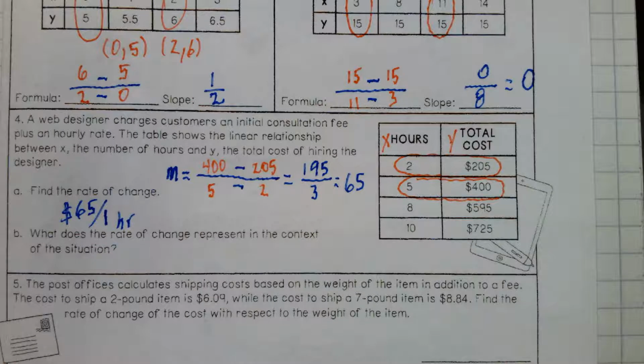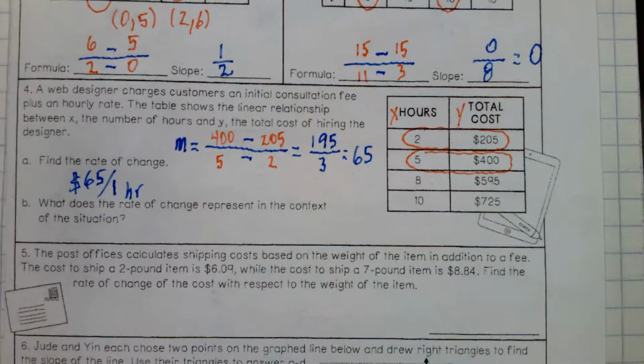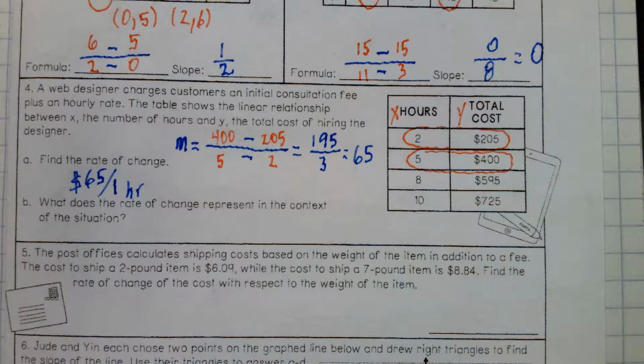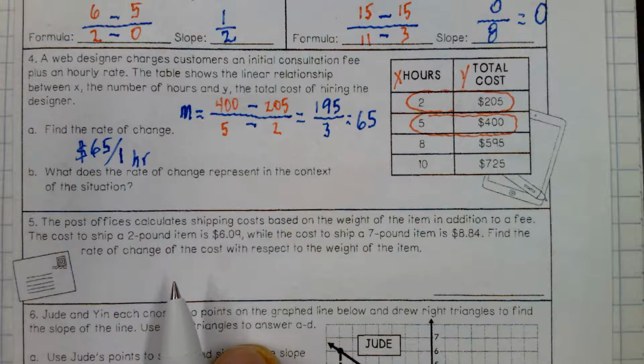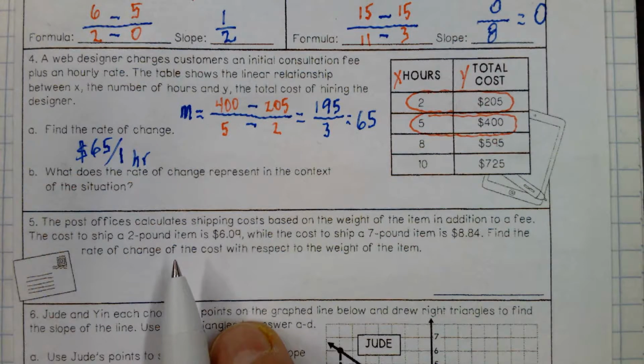Okay. So let's see if we can answer that part B. What does the rate of change represent in the context of the situation? What does $65 per hour represent? What are you paying the $65 for?